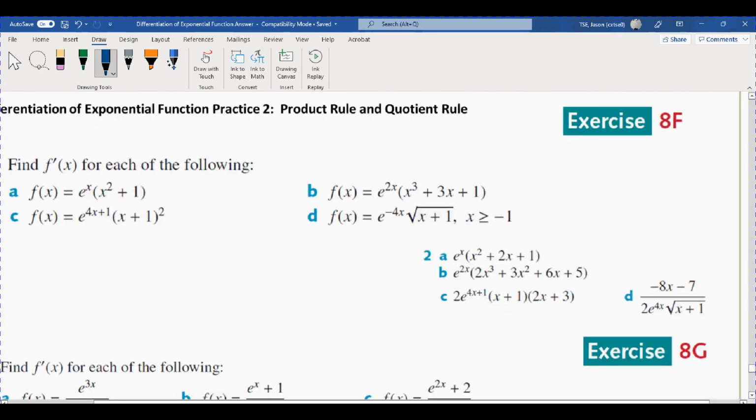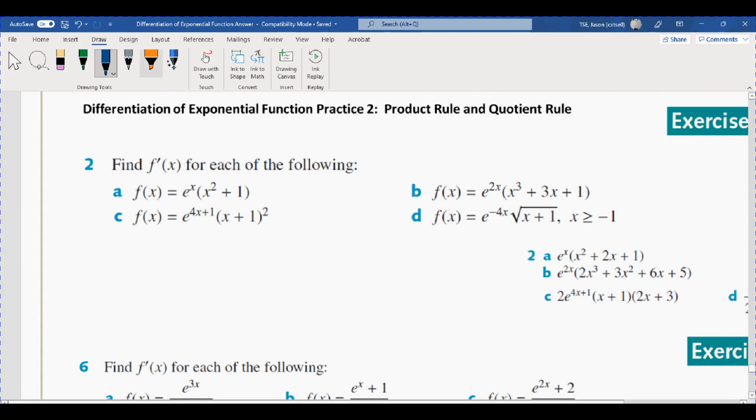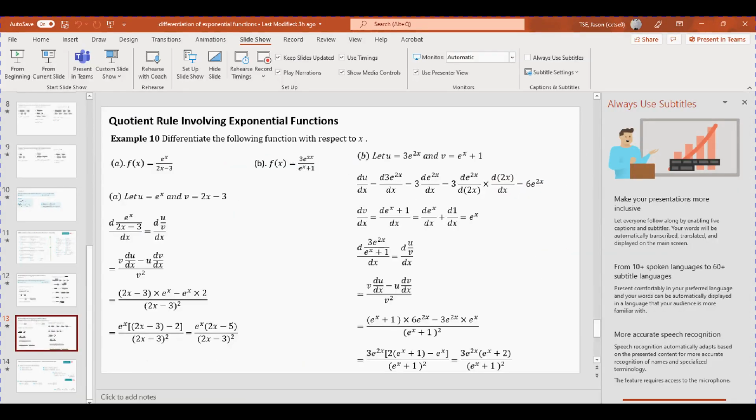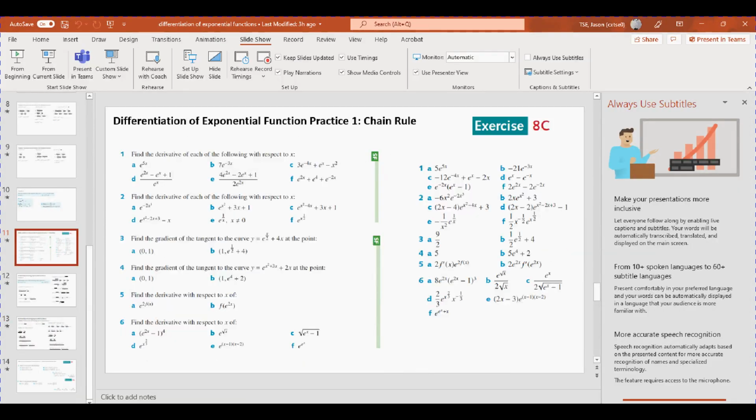Then there are two practices, differentiation of exponentials, practice 1 and practice 2. So let me go to the PowerPoint. I will try to give you the homework.